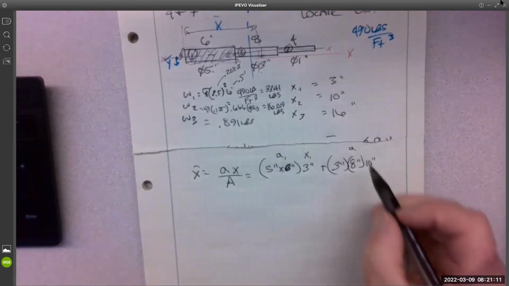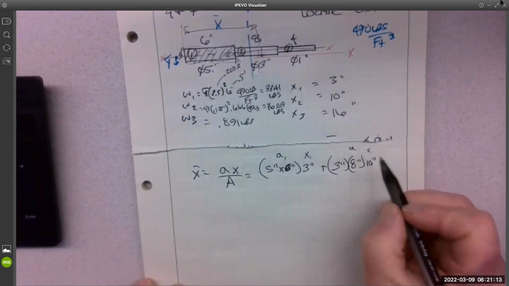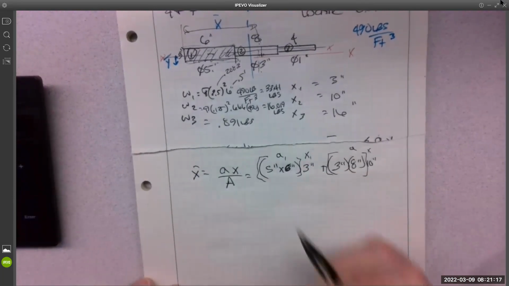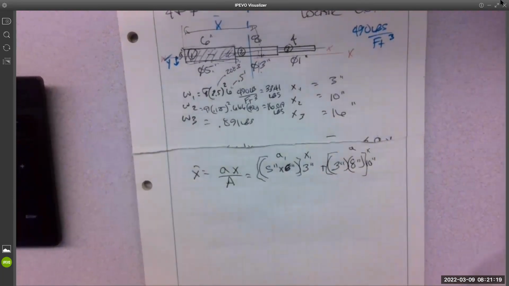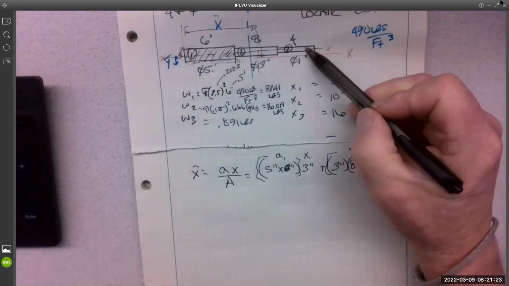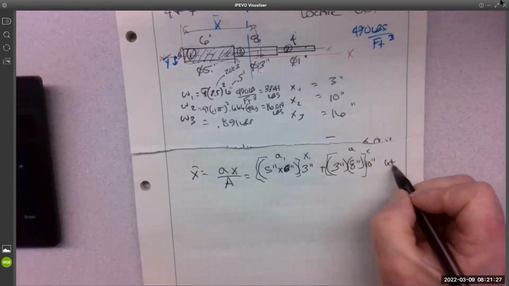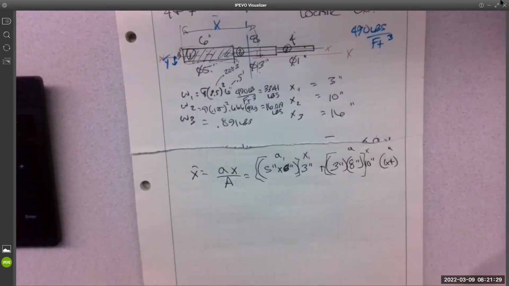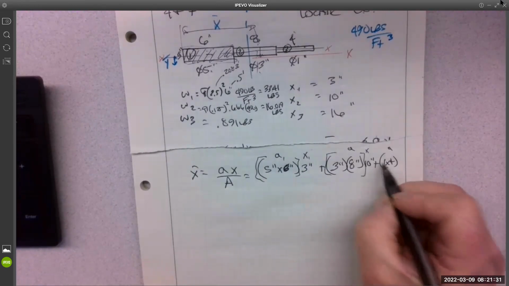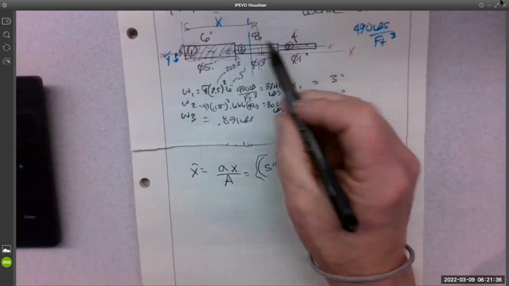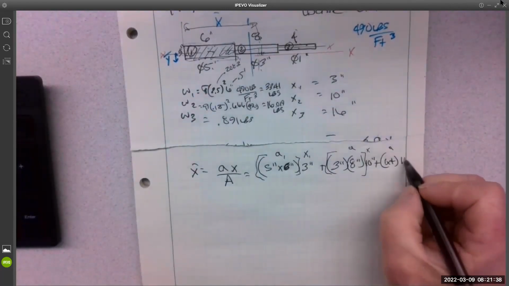So it needs to be an area times an X. I really mucked that up the first time. Then the last area is 1 by 4. So 1 times 4, that's the area. We're going to add these together. And then the X distance is the 10 plus 6, 16.